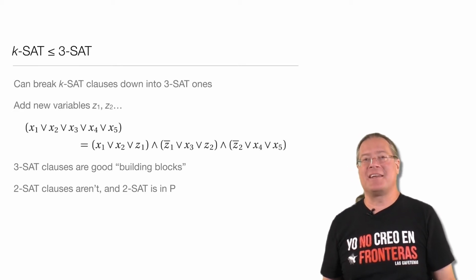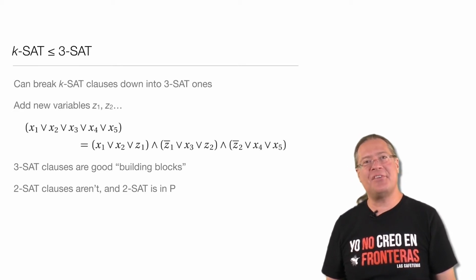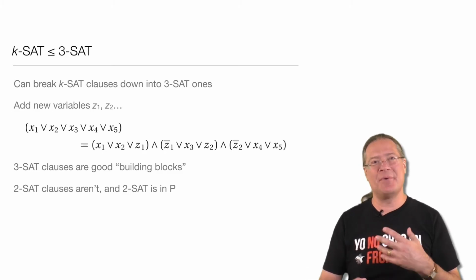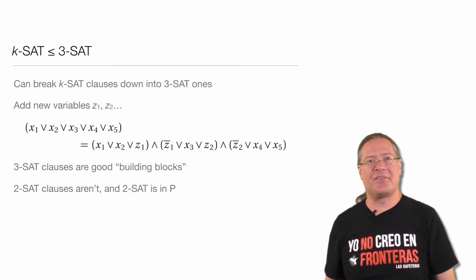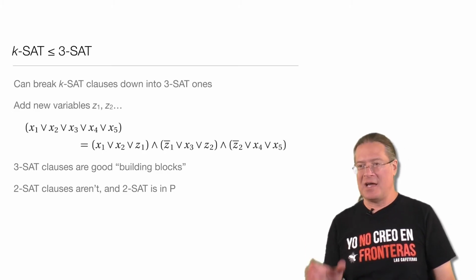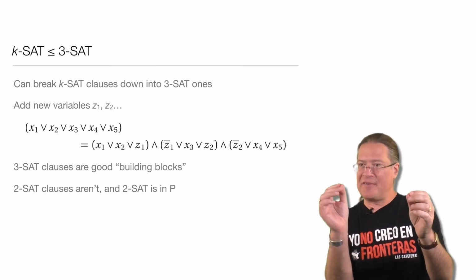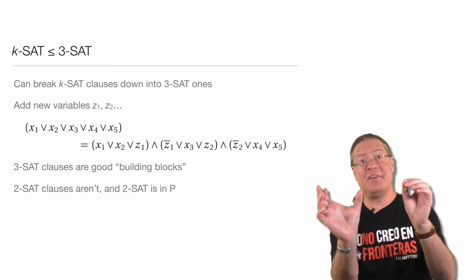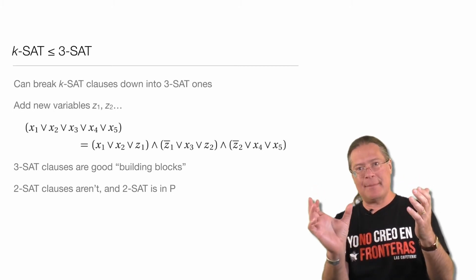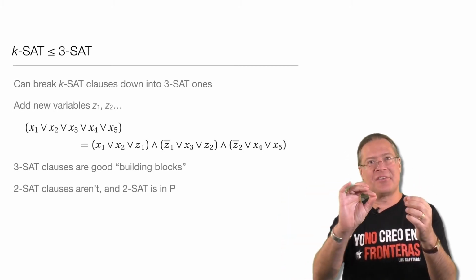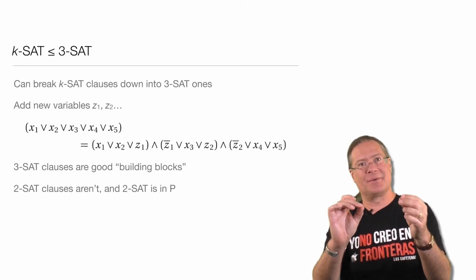One way I like to think of this is that 3-SAT allows some chemistry. So for instance, when I say that X or Y or Z is true, it means that if X and Y are both false, Z must be true. It's like a chemical reaction with 2 things going in and a product coming out.